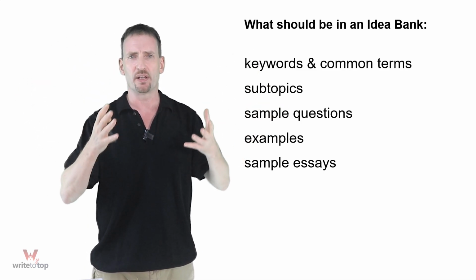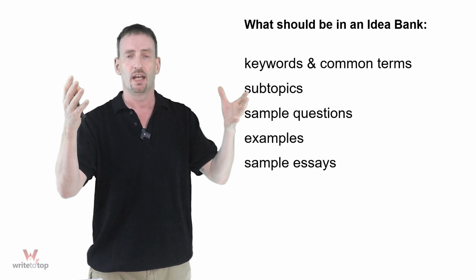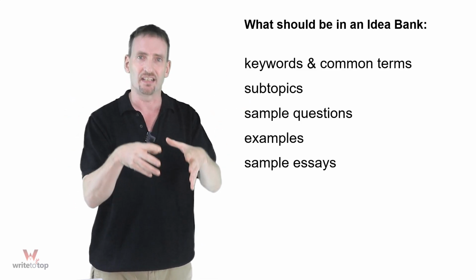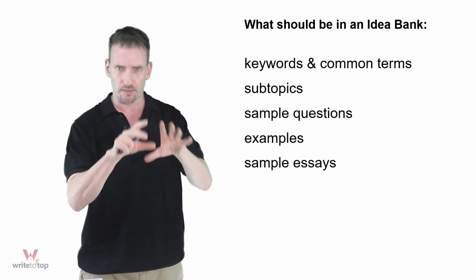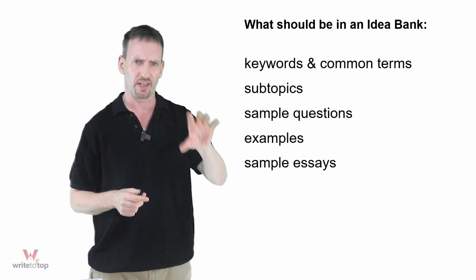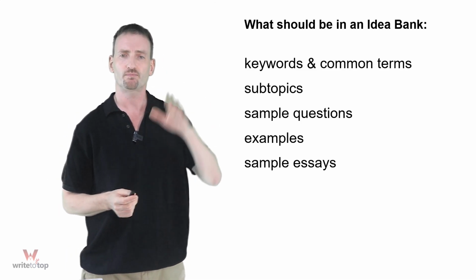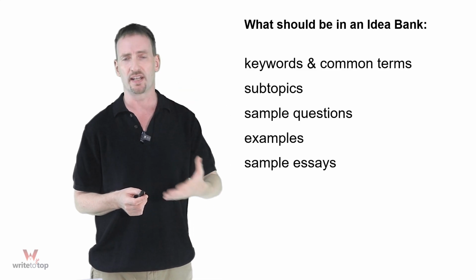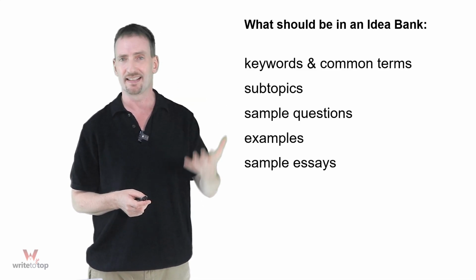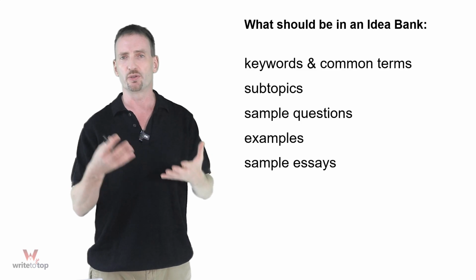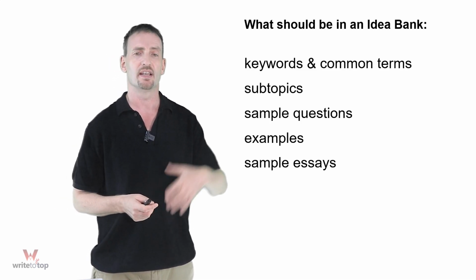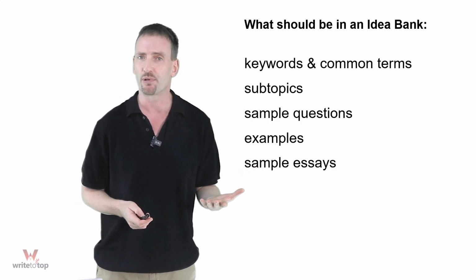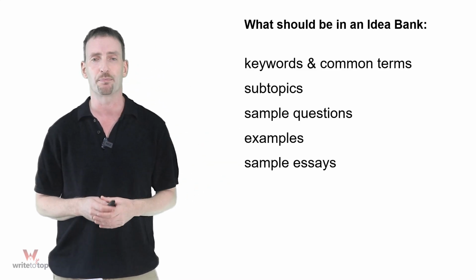They can't really ask you anything about education. They're going to ask you something within the field of education, and it's going to be a bit more specific. So you're going to think about these specific topics. Sample questions. You're going to try to get as many questions as you can. Examples. Things that you can use to support your arguments and your ideas. And of course, you're going to collect sample essays, and you're going to write sample essays.